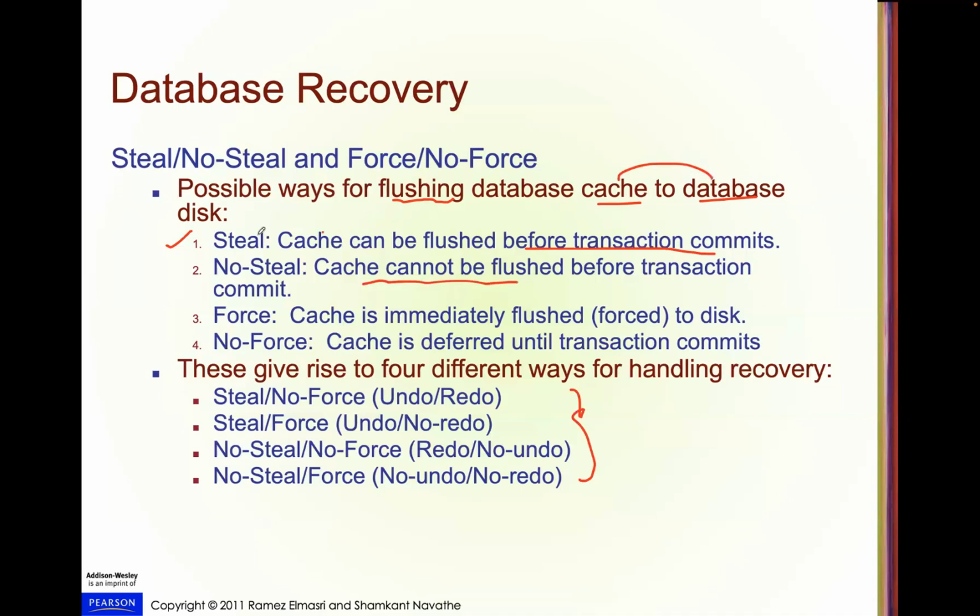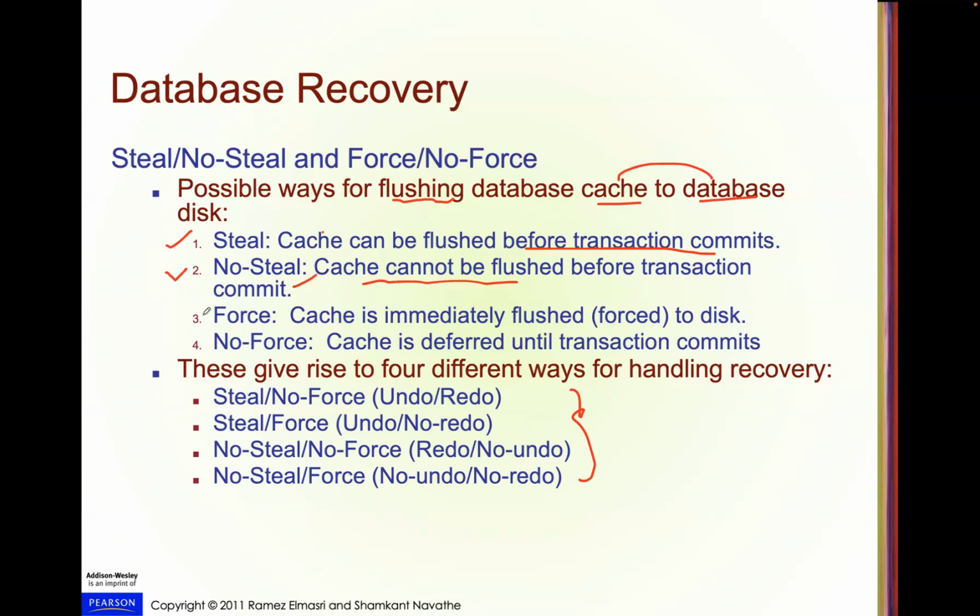That is why it is called steal. But in no steal, you cannot write from the cache to the disk until you perform the commit. So in no steal, you have to wait until the transaction commits. In steal, you can write the cache contents into the disk before the transaction commits. So you can just remember steal and no steal are copying the content from the cache to the database, one before the transaction commits, another one after the transaction commits.